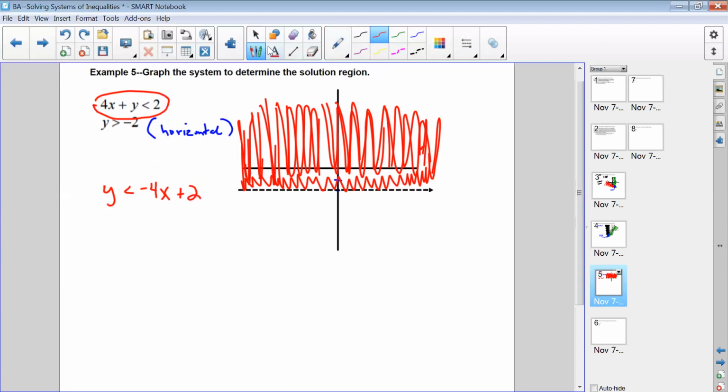So I want to go to +2, place my intercept, and then I want to apply the slope, which would be decrease 4, 1, 2, 3, 4, and increase 1. Or I could increase 4, 1, 2, 3, 4, and decrease 1. This would be another dotted line.